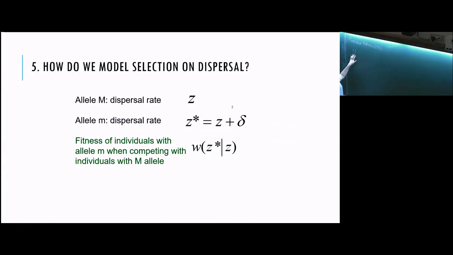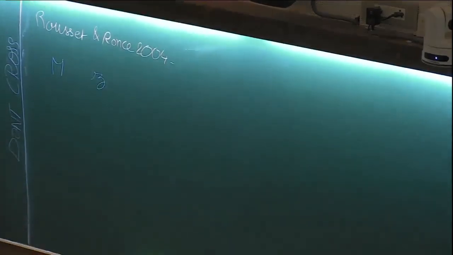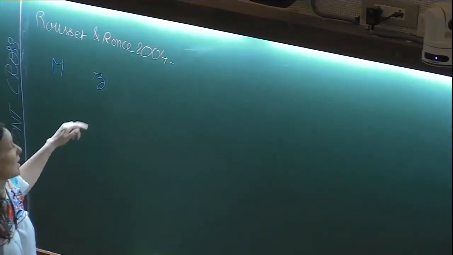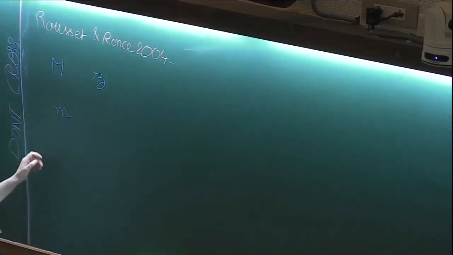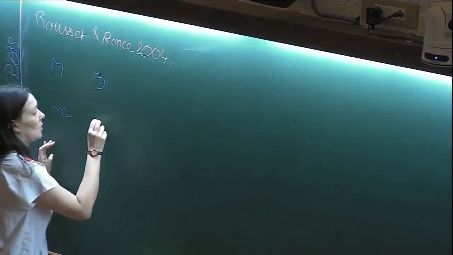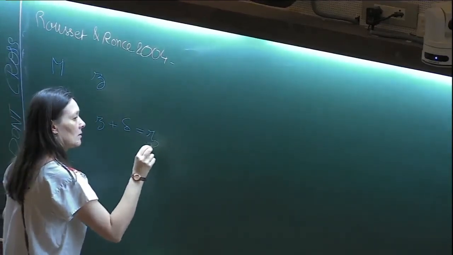We assume that individuals with this allele produce offspring with a dispersal rate C. And there's a modifier allele, a little m, which has a slightly different dispersal rate.